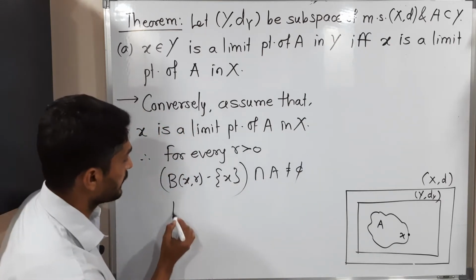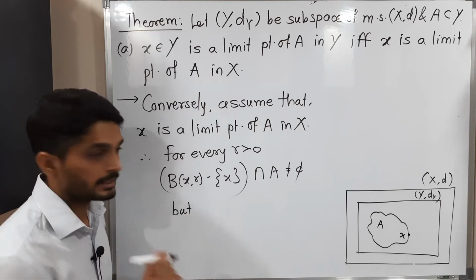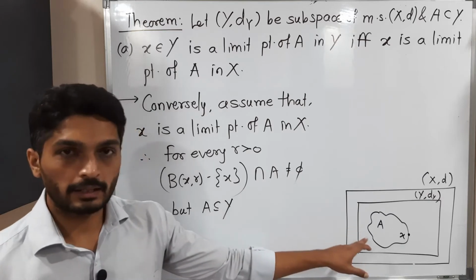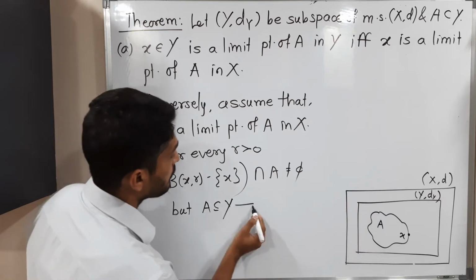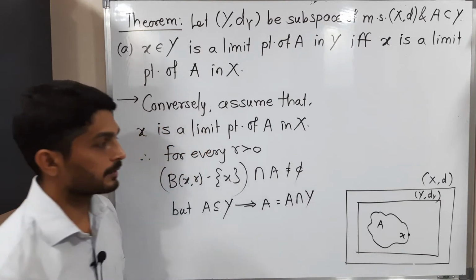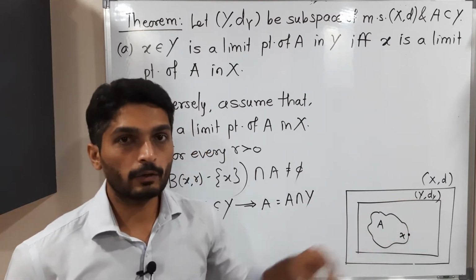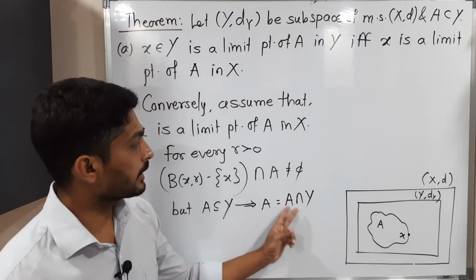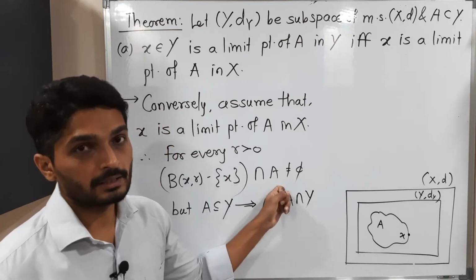I am doing it in exactly the reverse way. But A is a subset of Y, so A is equal to A intersection Y. If you take the intersection of A and Y, obviously we will have A because A is a subset of Y. So I can replace A by A intersection Y here.